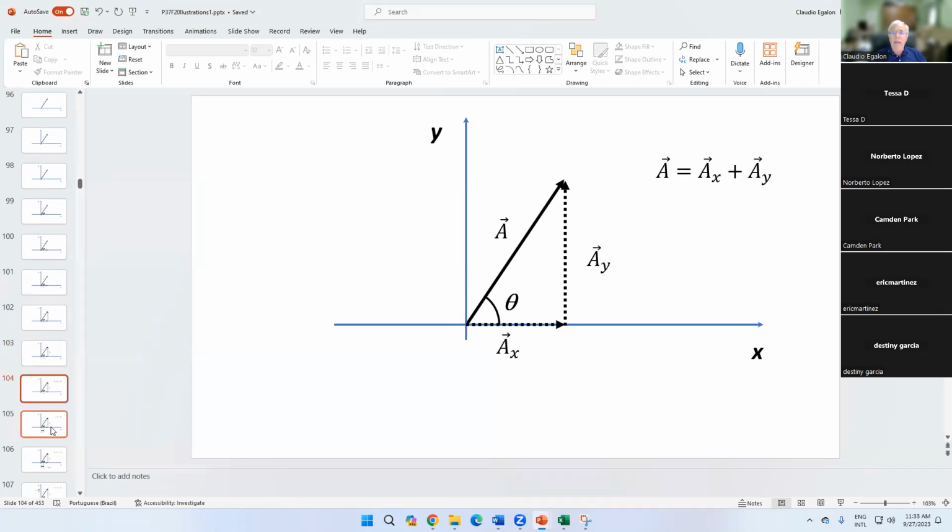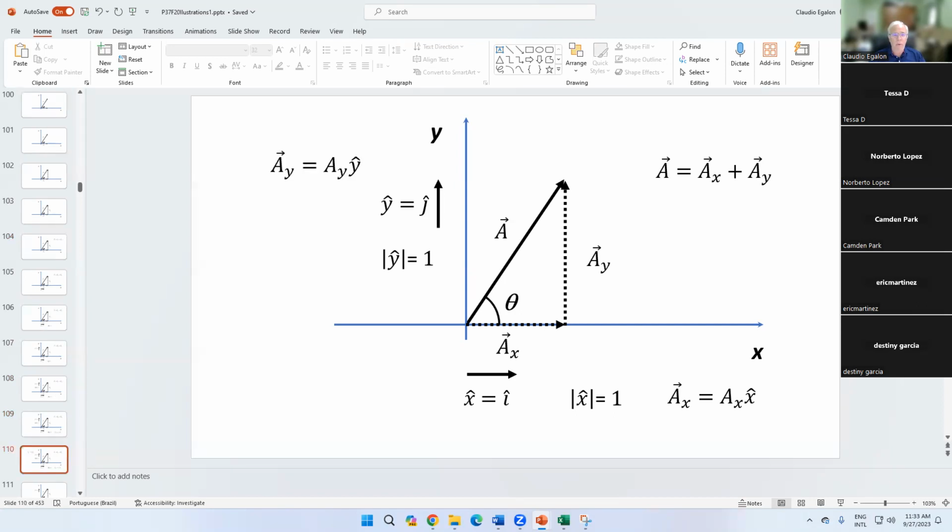The A vector can be expressed as a sum of each of those two other vectors. But then we define also a unit vector along the x-axis. And the A x vector can be written down. Something missed here. This thing here is supposed to be elsewhere. Okay, here this way. The A x vector is going to be the A x component, a scalar, times a unit vector in the x direction. It applies both for the x and y components.